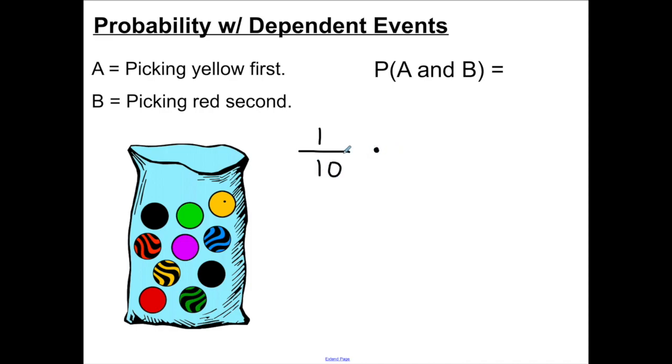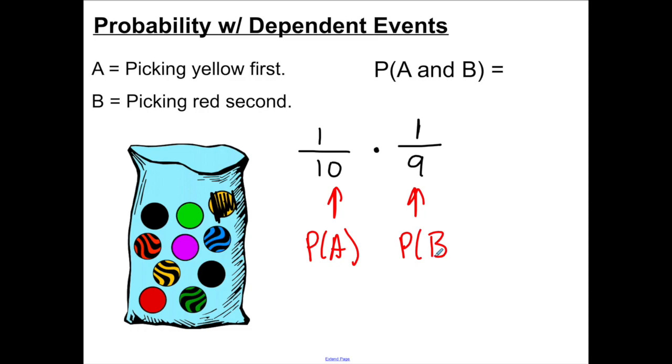Now, once I remove the yellow, there are only 9 marbles left, and out of those marbles, one of them is a red. So this would be like P(A), and this would be the probability that B happens given that A has already happened, right?